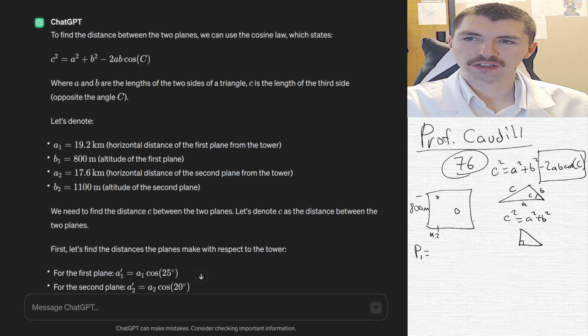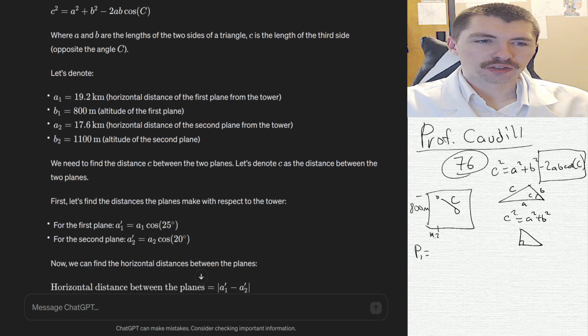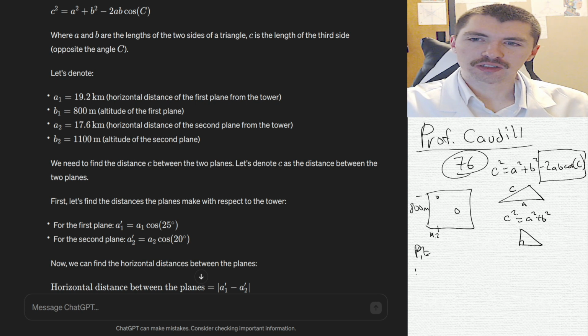Okay, so C is the distance between two planes in 3 dimensions. First, let's find the distance the plane makes with respect to the tower. So they're saying the distance between the tower and P1, okay, we know how to do that. I think, no. 25 degrees.